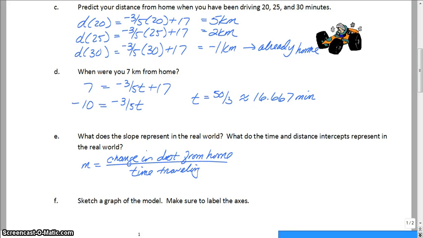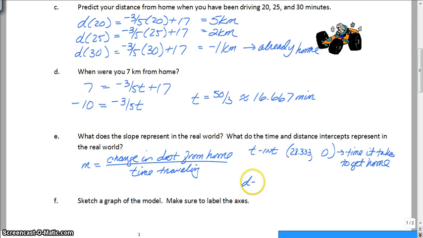Your D-intercept and your T-intercept. So your T-intercept represents, now remember, T-intercept is when D is 0, and you can just figure it out mathematically that it's 28.333, but what it represents is the time it takes to get home. So if you found that mathematically, you would get 28.333, which means it takes you 28 1/3 minutes to get home from the football game.